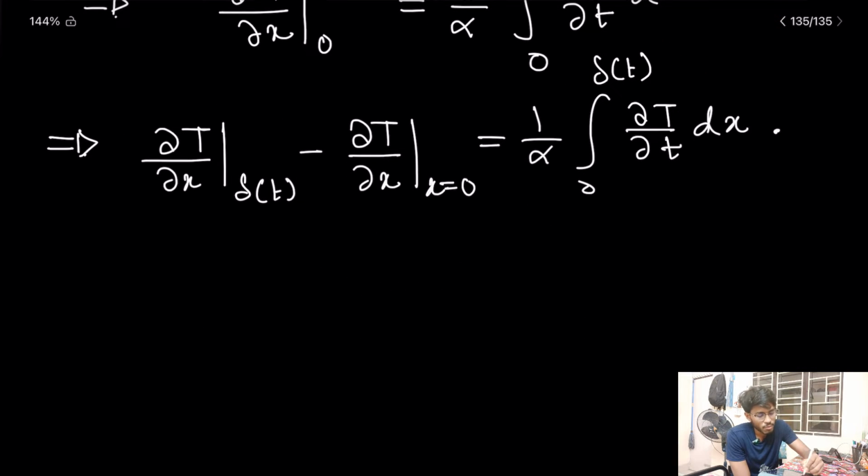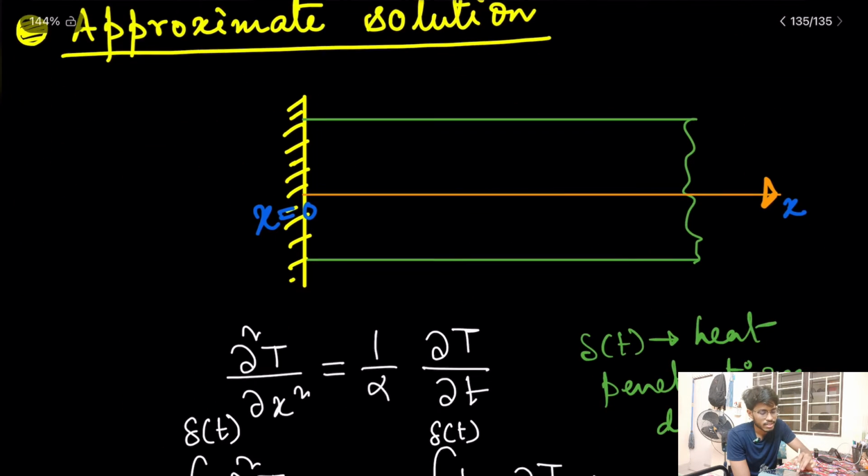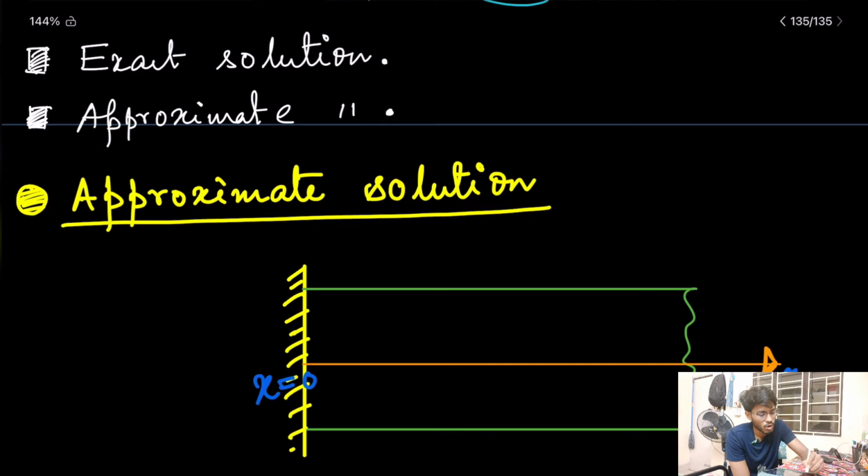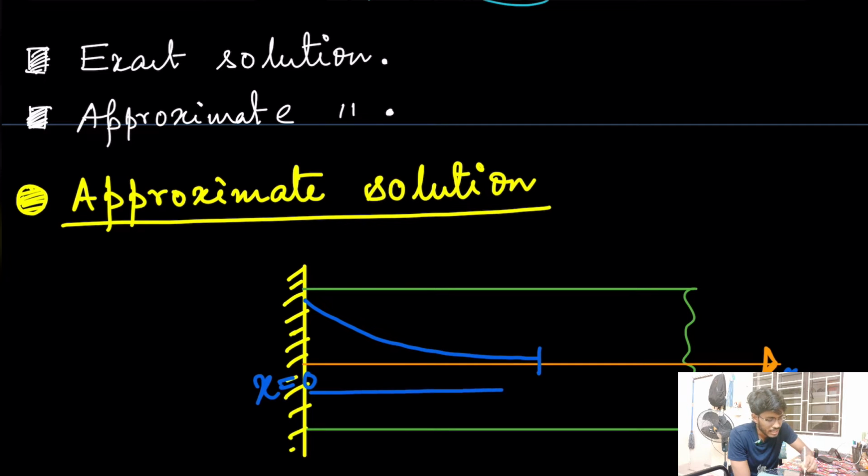So now see, from the boundary conditions this will be 0. I think you can understand that, because if I draw the graph of the penetration depth, that will be something like this. At x equal to delta, which is a function of time, the slope of the graph is 0 here.